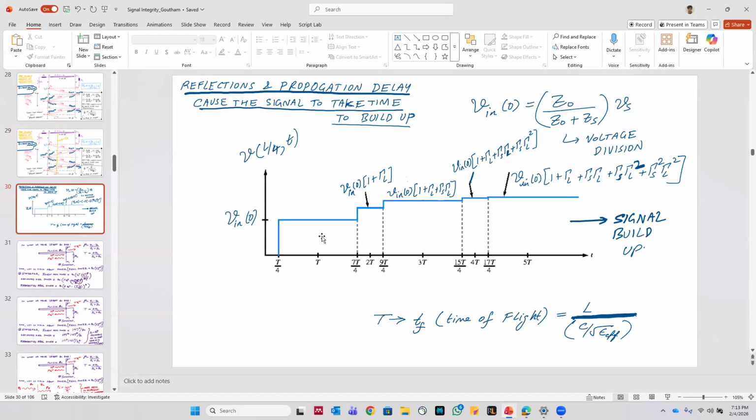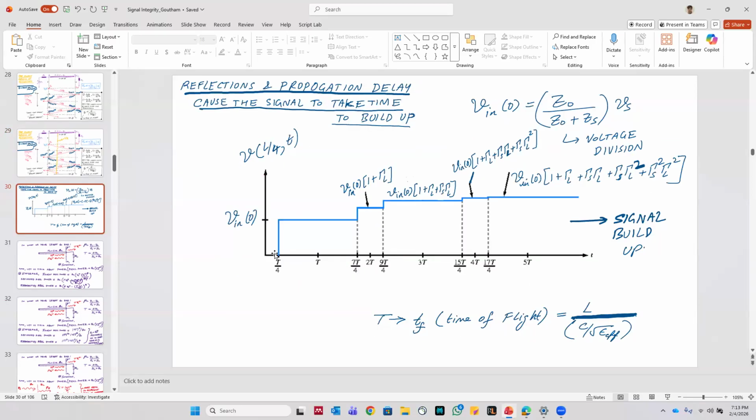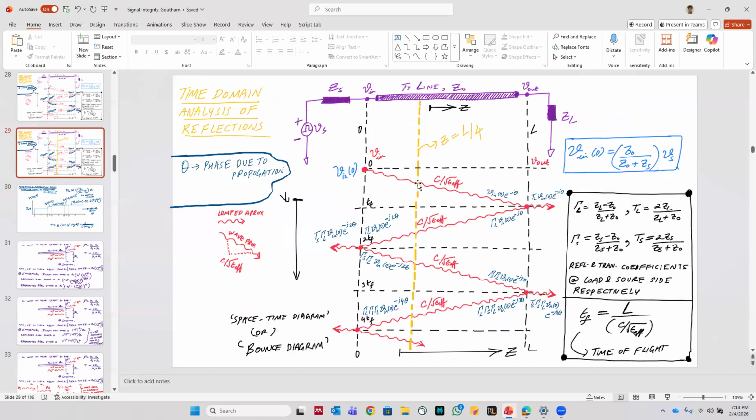For example, the time it takes for this Vn to originally arrive here is T by 4. That's why till T by 4 you don't see anything, and then at T by 4 it goes to Vn of 0, because that Vn of 0 has reached here. Now, the time for the signal to come back here: the whole thing is T, this is T by 4, so this is 3T by 4.